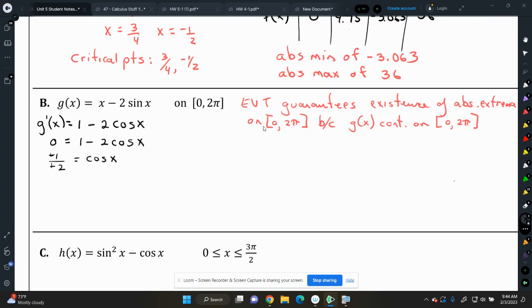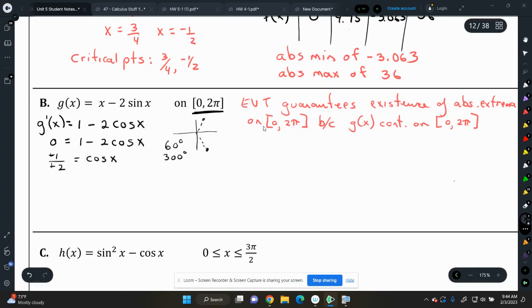Where is the cosine equal to 1/2 on the interval from 0 to 2 pi? 60 and 120. Not 120. Oh, wait, it's negative. It's going to be down here, right? So it's going to be 60 degrees or 300 degrees.